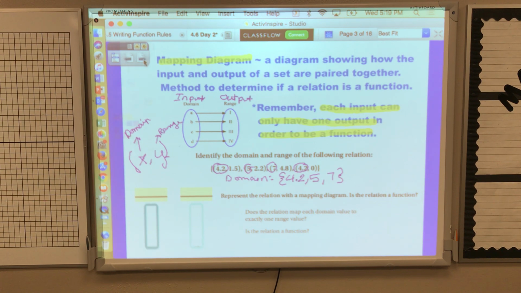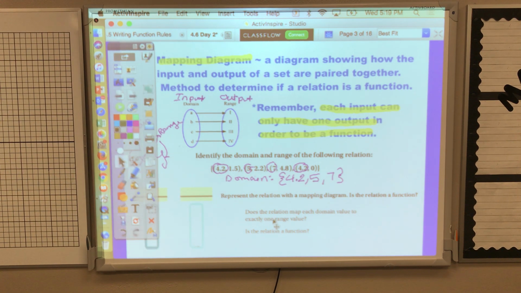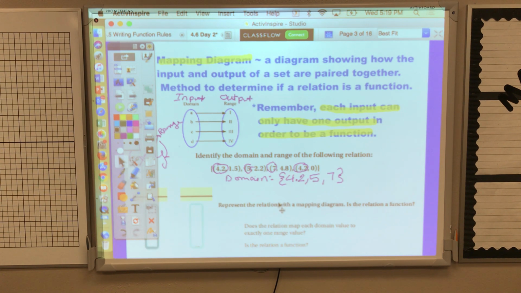The range of our function then is our y values. I'm again going to look from the smallest to the biggest. For the range I'm looking at 1.5, 2.2, 4.8, and 0.